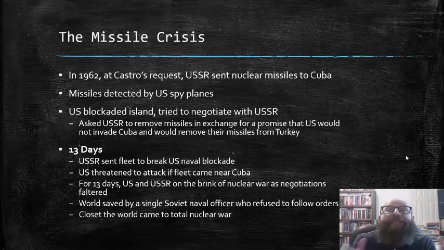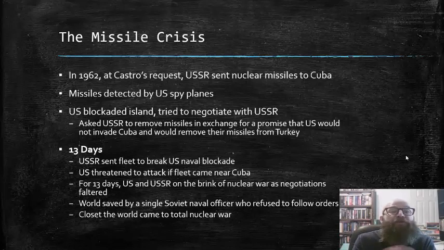For those 13 days, as this Soviet fleet was plowing through the Atlantic on its way to Cuba, the U.S. and the USSR stood on the brink of nuclear war as negotiations faltered. And the world was literally saved by a single Soviet naval officer who refused to follow orders when told to fire their missiles from the ship that he was on.